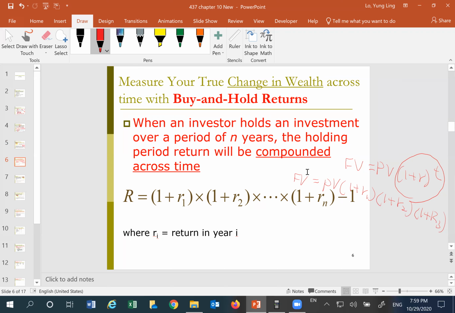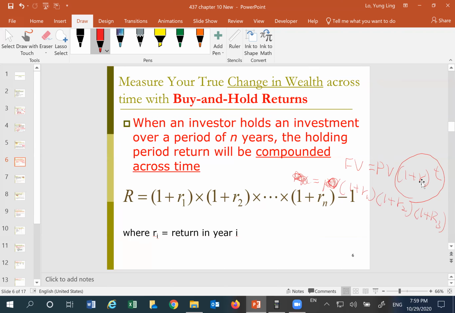Rather than solving for the future value, it solves for just the compounded return. So we do not include the present value here. We simply add 1. This is the compound factor. Before we compound returns across time, we have to add 1 to each one of the r's.